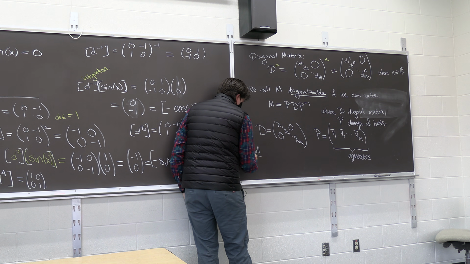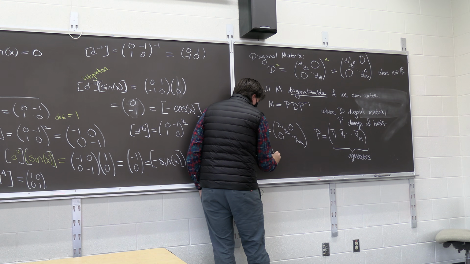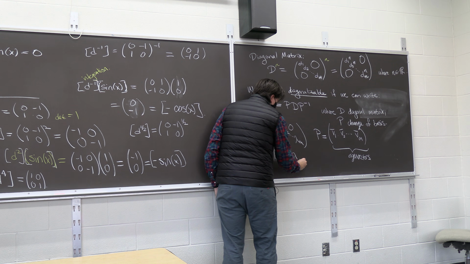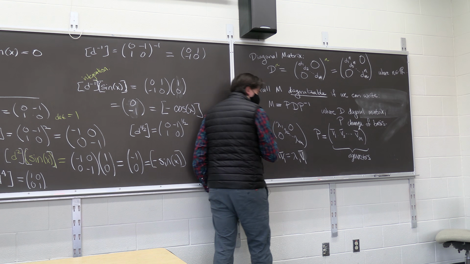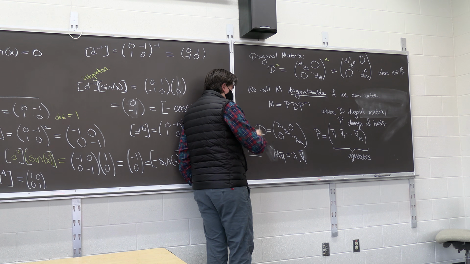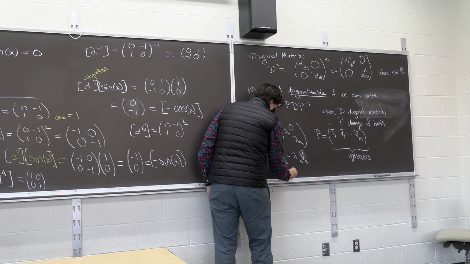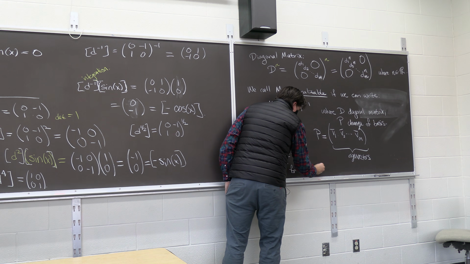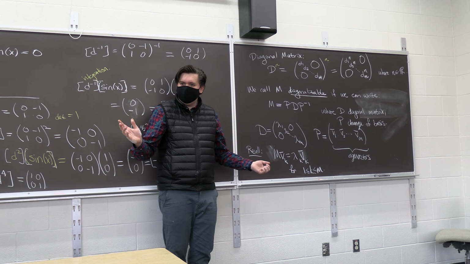Recall these eigenvectors are the ones such that your matrix M times V1 gives you lambda 1 times V1. And it's not just true for one, but it's true for all of them, all of your values from 1 to m. These are your eigenvalues.